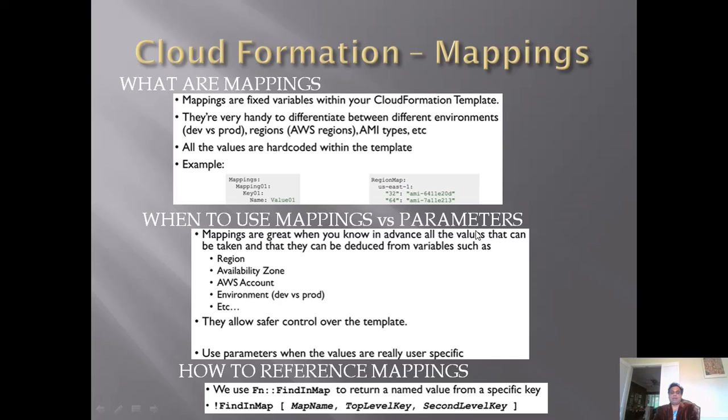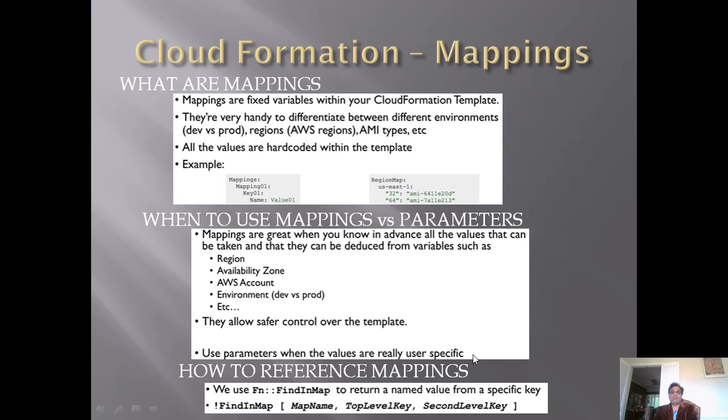When to use mapping versus parameter? Parameter we saw already. The users can choose. But mappings are great when you know in advance all the values that will be taken, so that you don't have to ask the users to choose. Once they choose, for example, US East 1, based on that we could infer the AMI. So like region, availability zone, AWS account, environment, etc. They allow safer control over the template.